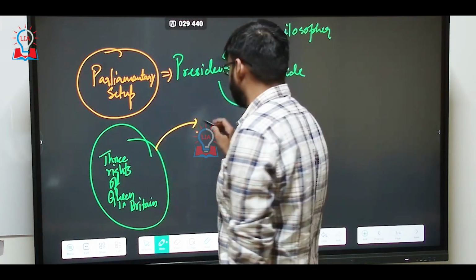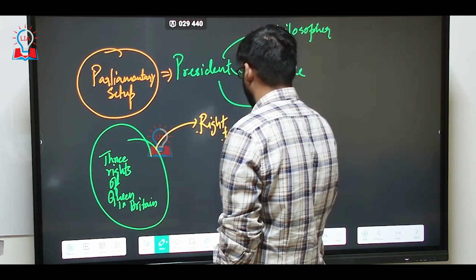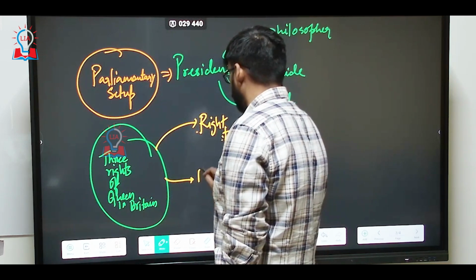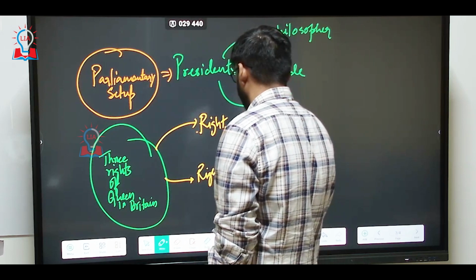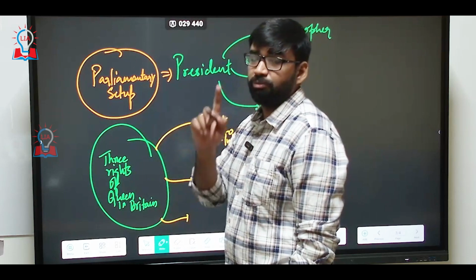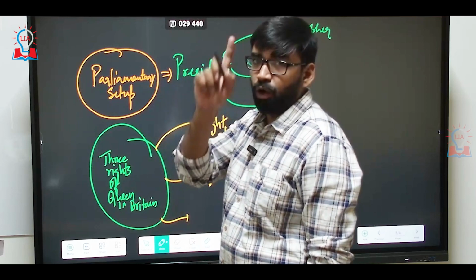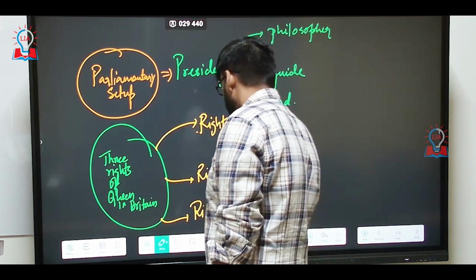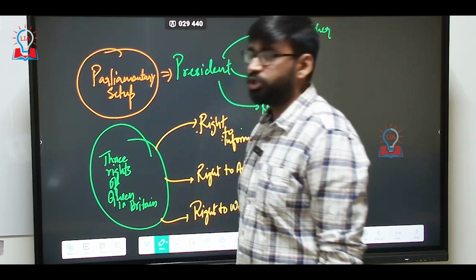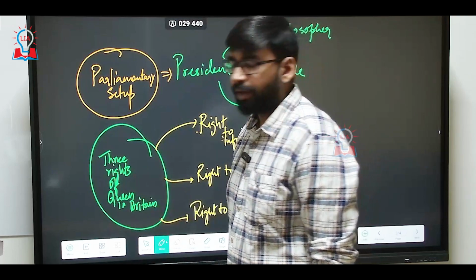One, the right to be informed about what is going on. Right to advise. And right to warn. If the council of ministers does not work properly, then the president also has the right to warn them. These three rights. This much is clear? Okay.